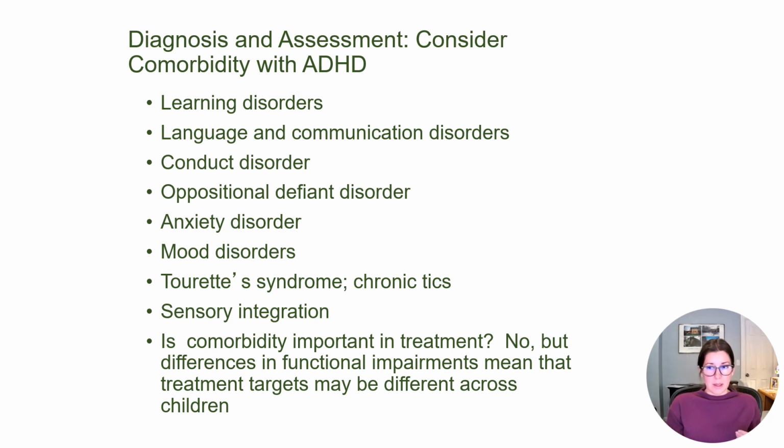So it's absolutely something to be considered, but it doesn't mean if it's ADHD and a mood disorder that we need to do a qualitatively different style of treatment than we would if it was ADHD and a language disorder. So we still are going to be in the same ballpark of treatment, just our treatment targets might vary.